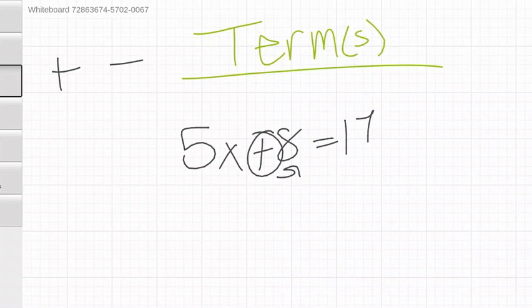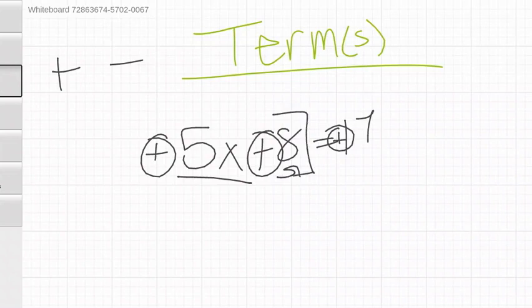But what are the signs for 5x and 17? Even though there are no signs in front of them that we can visibly see, they are positive because there are no negative signs in front. So we have to look at all the signs, and then we have to look at the values next to them. We have 5x, we have 8, and we have 17.